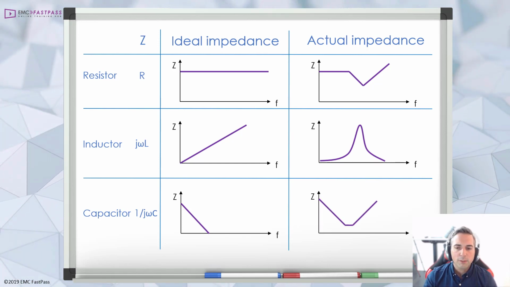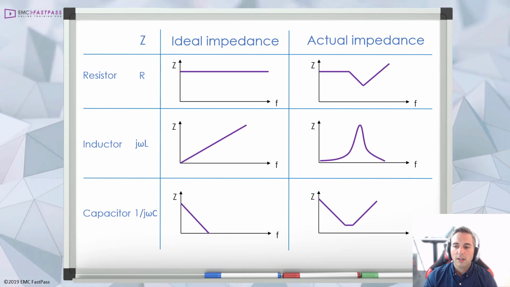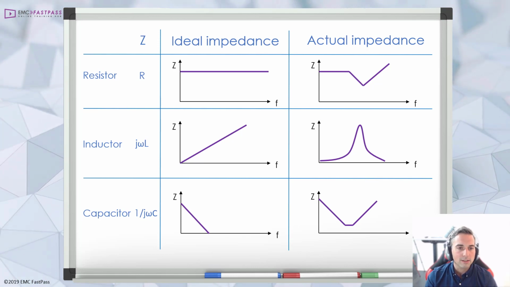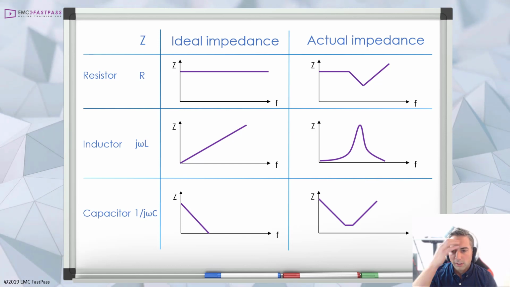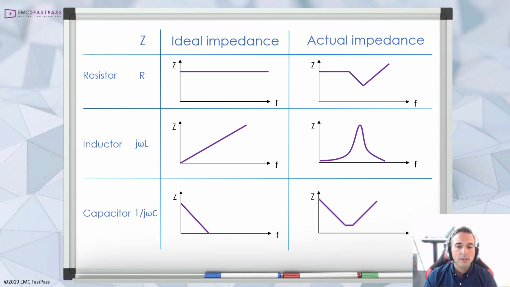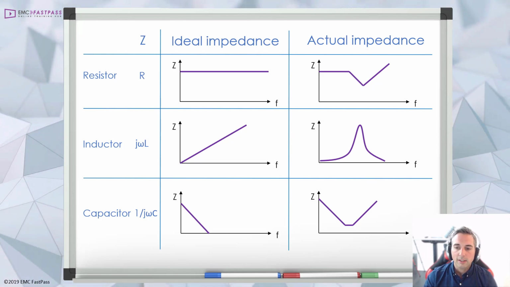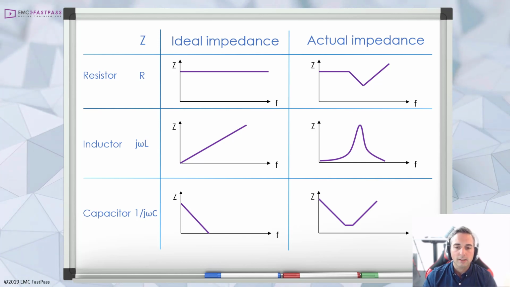And finally, for the capacitor, the impedance decreases to a point which is where the capacitive and inductive reactances cancel out, leaving only the equivalent series resistance of the component. Then as the frequency increases beyond that point, the parasitic inductance again begins to dominate and the impedance rises.